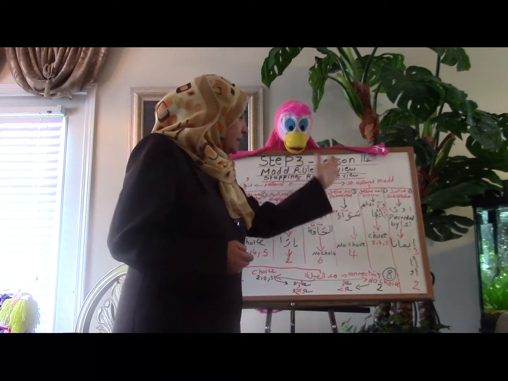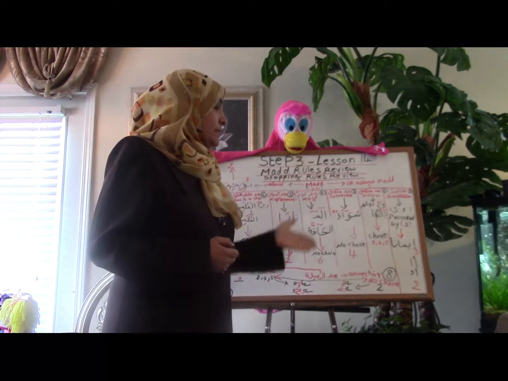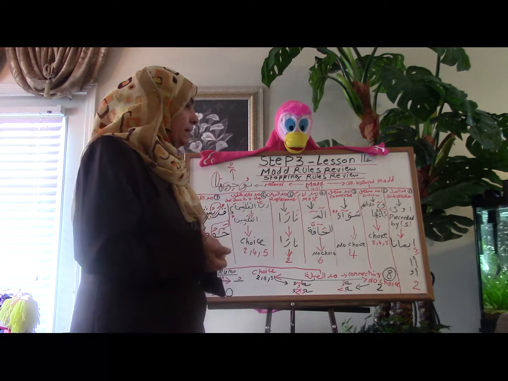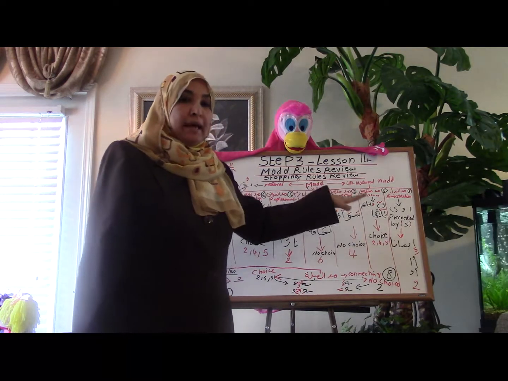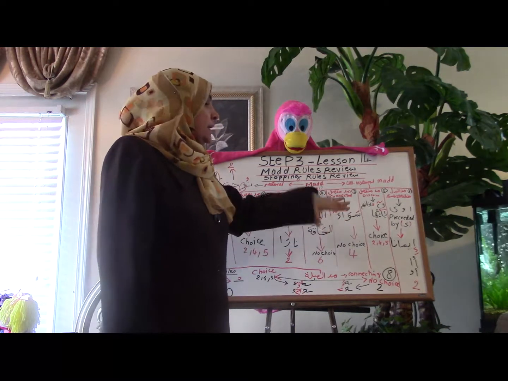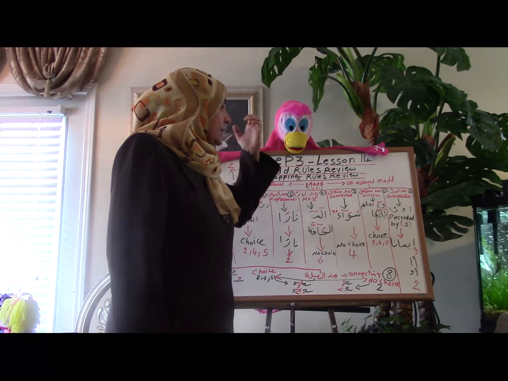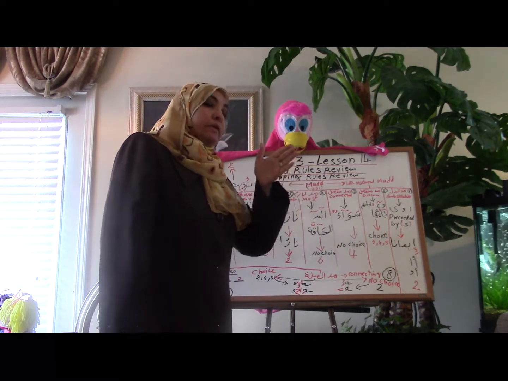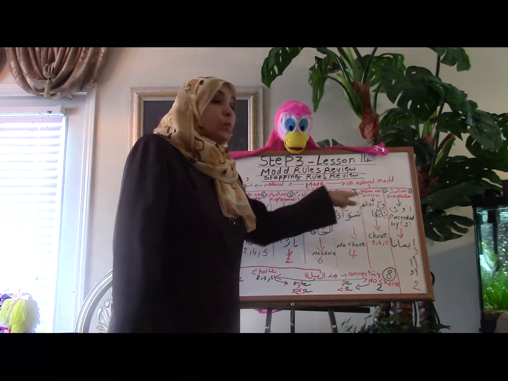The second type of mad we have is the mad munfasil, or disconnected mad. The disconnected mad, as we said earlier, we find any of the mad letters, alif, waw, or ya, they will have a symbol of the mad on them, and the first letter in the next word starts with the hamza.